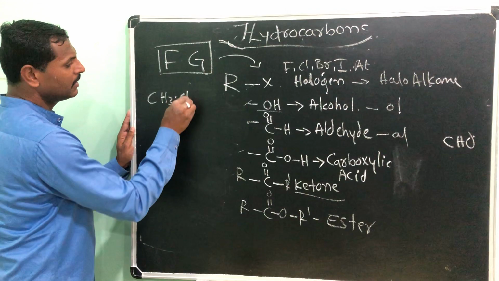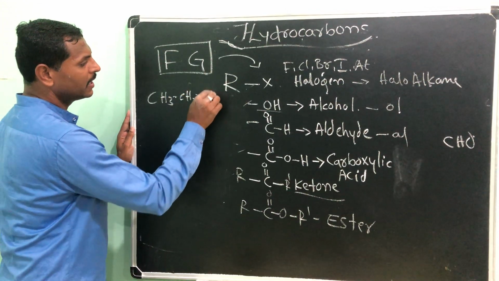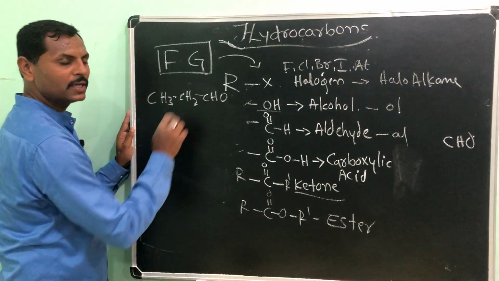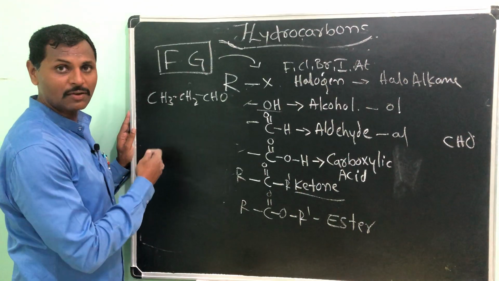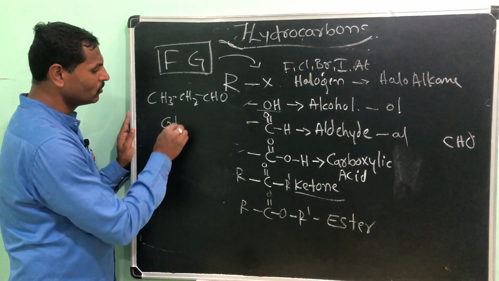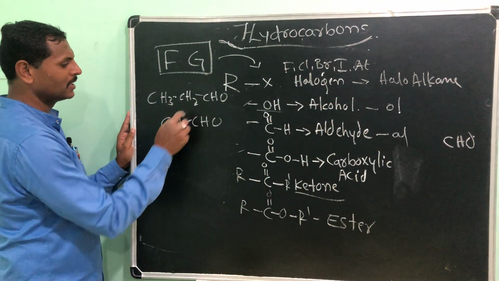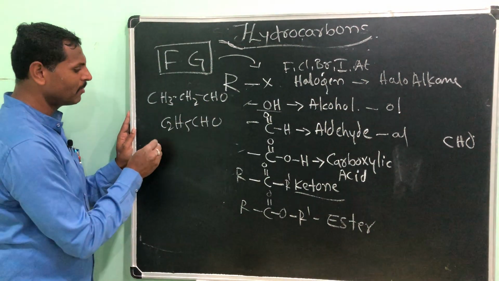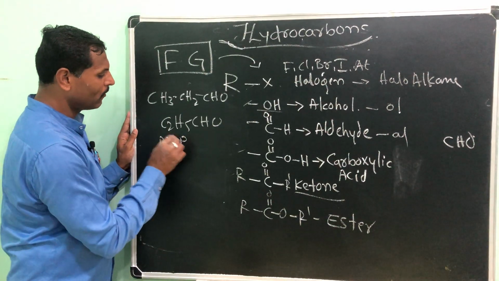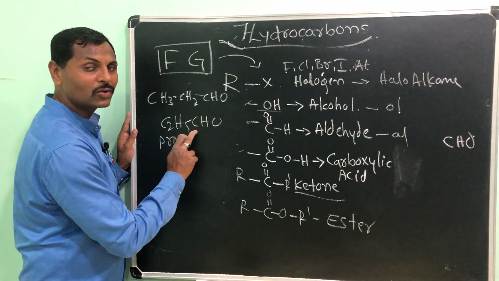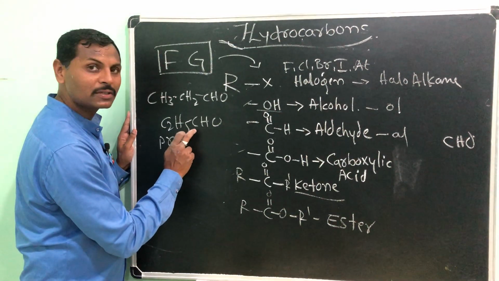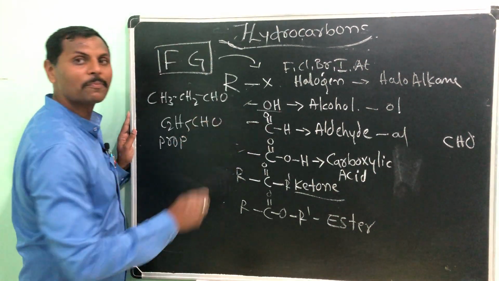see here, if I write CH3, CH2, CHO, how many are there? 1, 2, 3. You write the structural formula for this, you will get C2H5CHO. Simply I have added this. The name of this one is prop. Why prop? You have to count the carbon from the functional group also.